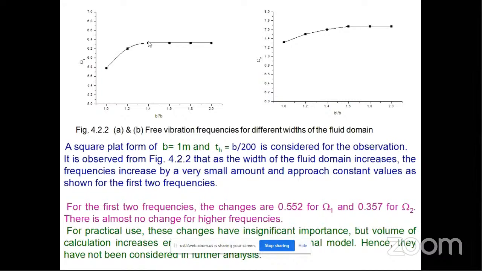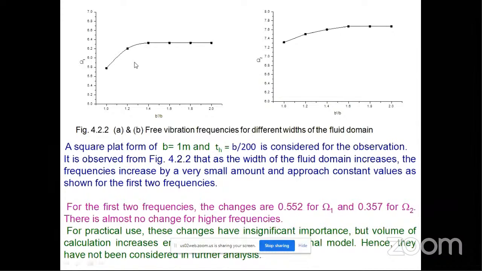Then if I consider the top surface of the fluid on the ocean 150 meter by 150 meter, whatever result I get, if I consider 1 kilometer by 1 kilometer of the sea surface, I will get almost the same result. That is the logic, that is how far I will consider, because this is a numerical method.